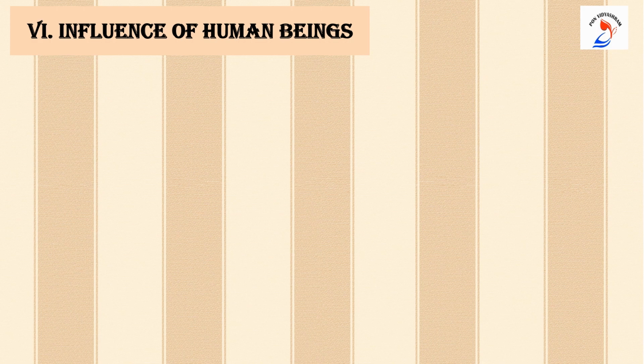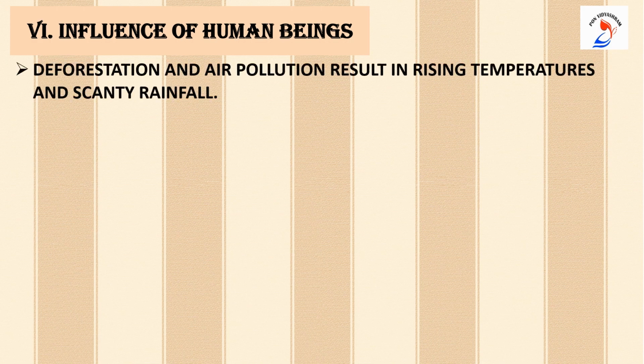Influence of human beings. Now, children, how do human beings cause variation in climate? Let's see. Deforestation and air pollution result in rising temperatures and scanty rainfall. Now, what do you mean by deforestation? Deforestation means cutting of trees.